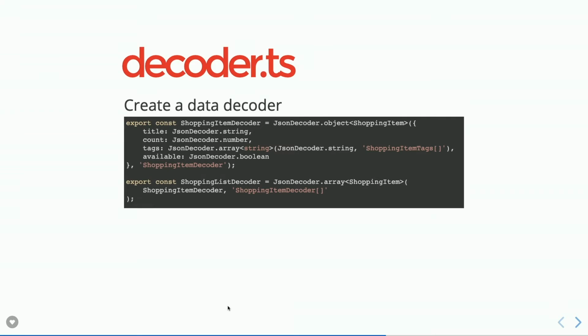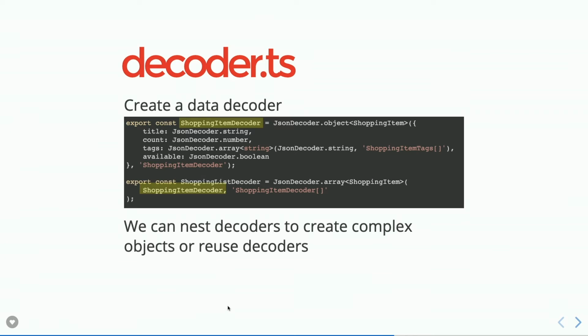So as you can see here, this is how we decode the data with this library. And then we have this shopping list decoder, as we had in Elm, which is a shopping item decoder. We can nest decoders one inside the other. So by nesting decoders, you can reuse the code.